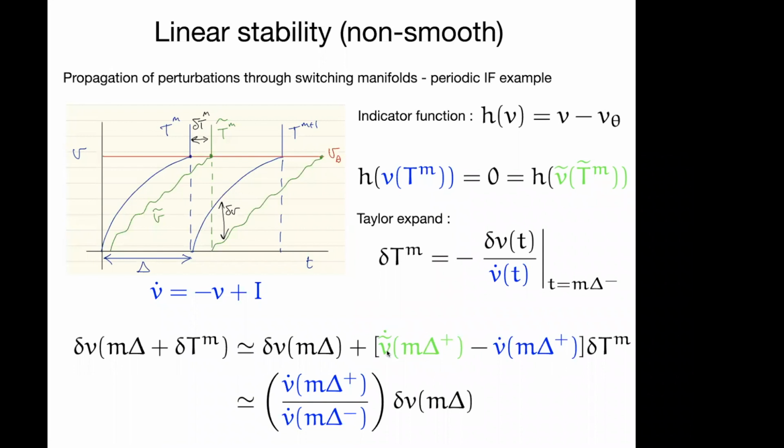This green curve here is the velocity of the perturbed trajectory just after an event. And the natural approximation is to say that this velocity here is roughly the same as the velocity here. It's definitely way different to the velocity down here. And just making that approximation and using delta t, what you see is this thing is a version of this perturbation by a jump. So I just need the ratio of the velocities before and after to work out how to propagate perturbations.